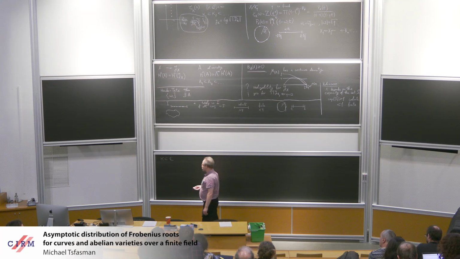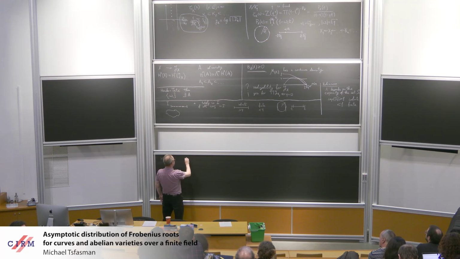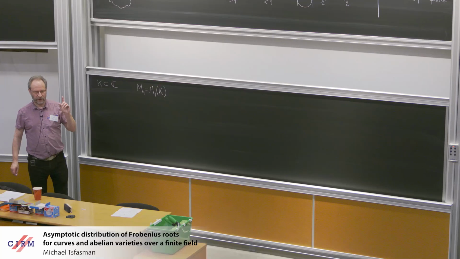Since it's countable, I order them, and I say that let M1, which is M1 of K in fact, be the set of all measures that correspond to such algebraic integers.